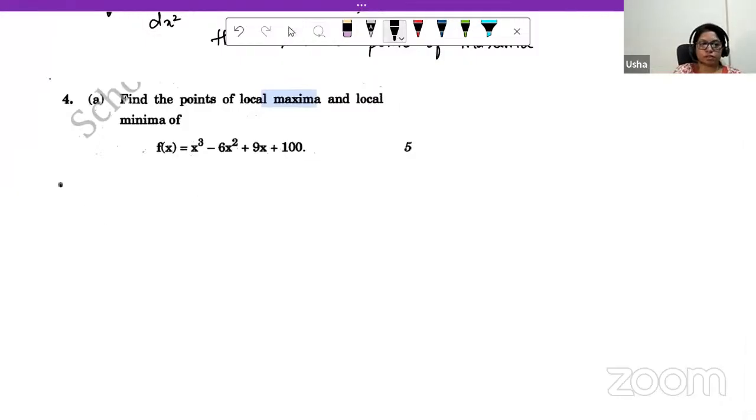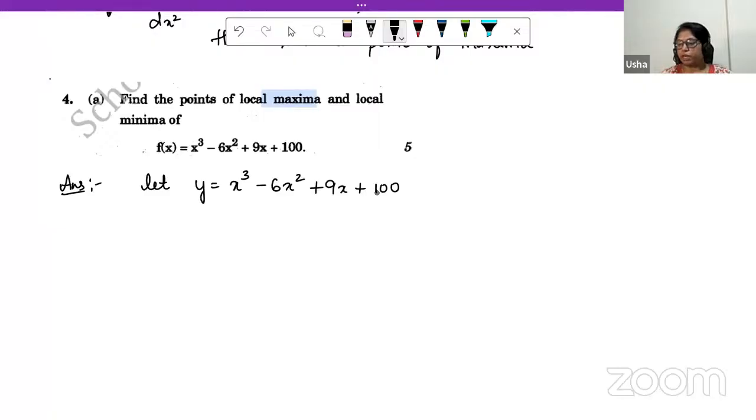So first, let y equals x cube minus 6x square plus 9x plus 100. What is the first step? You're supposed to find dy by dx. So find out dy by dx here for points of maxima and minima.